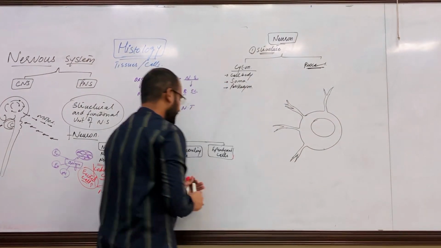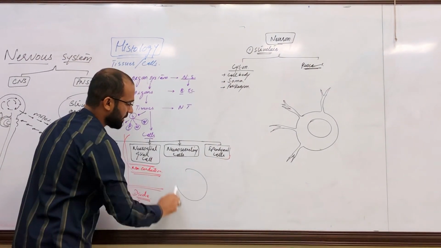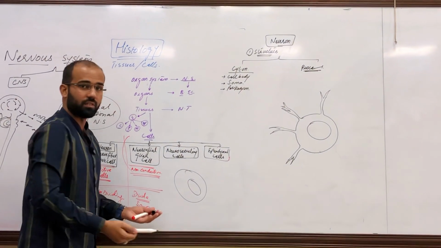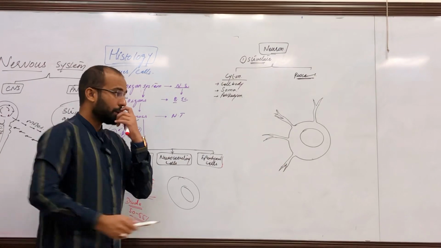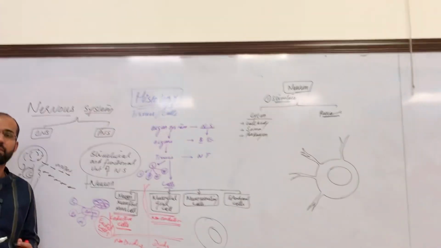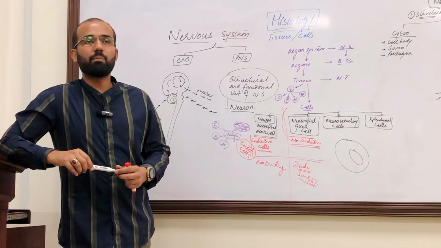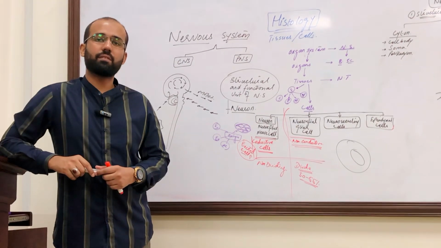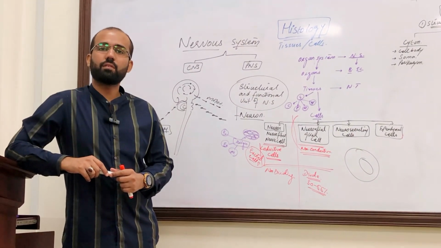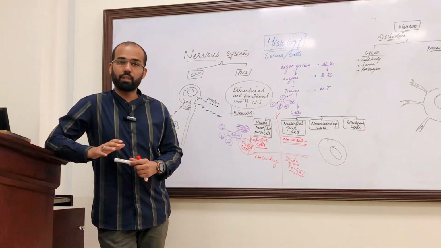Normally, among the vertebrates, the most typical cell is the neuron.